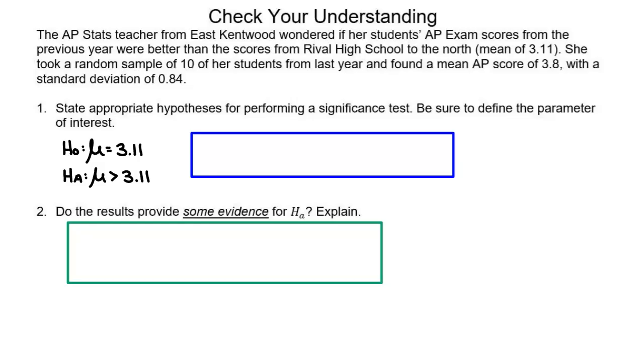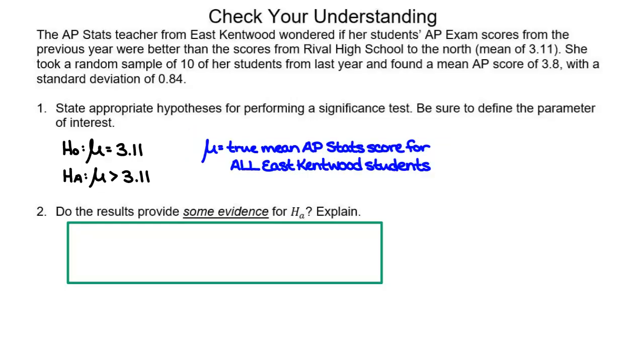This is why we have to define the parameter and why you have to use that specific symbol. We just said mu is equal to or mu is greater than. What do we mean by mu? Yes. The true mean AP Stats score for all East Kentwood students. For all East Kentwood students.